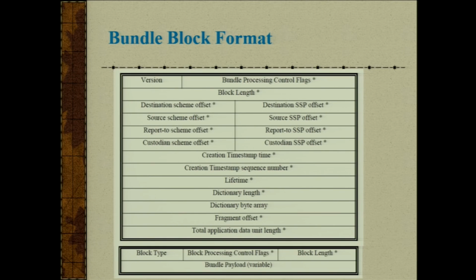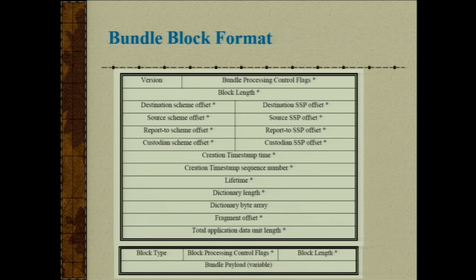This is the time at which the bundle is created in the network. At the same time, more than one bundle may be created, so there is a sequence number in the bundle. It will increment at the creation of every new bundle. And also there is a lifetime for each bundle, which defines the valid period of the life of the bundle.